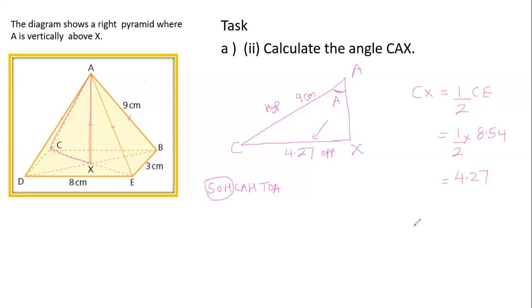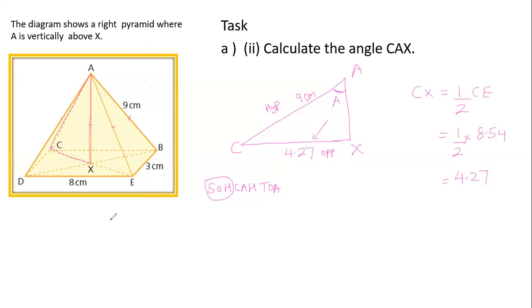So everyone is trying. Mary, you can unmute. But sir, I thought AX is the one 9. AX is 9 centimeter because it is the height. Don't forget the edges.